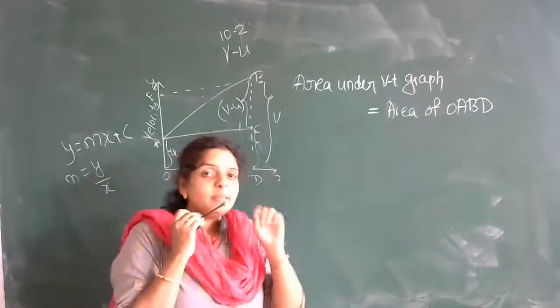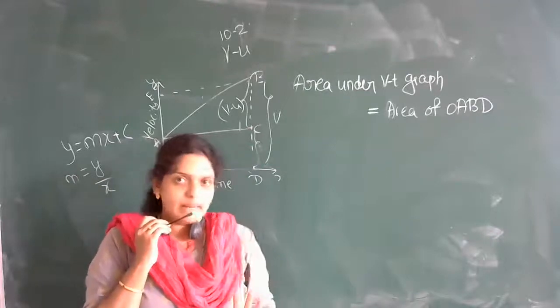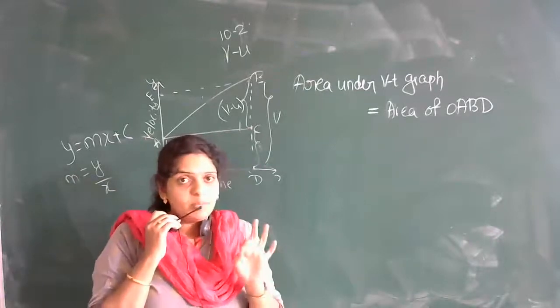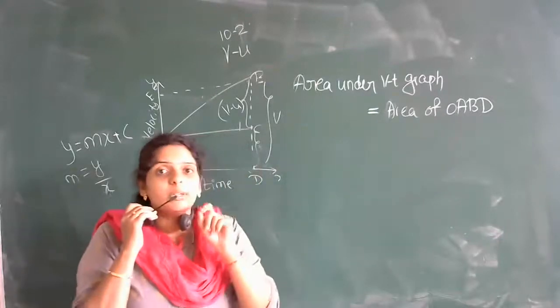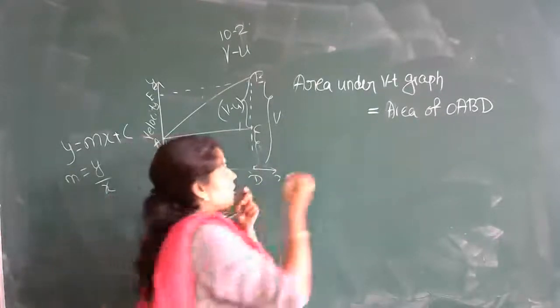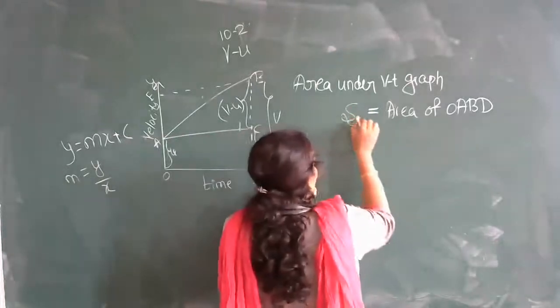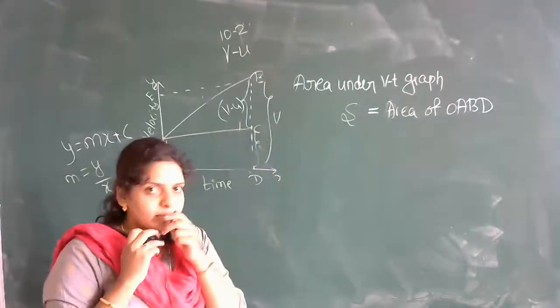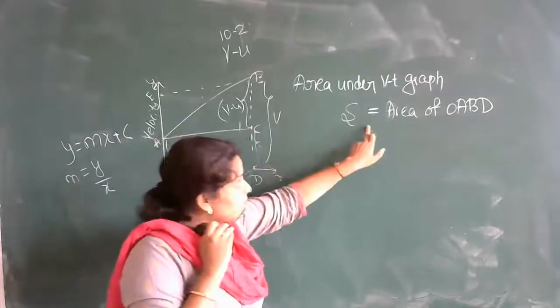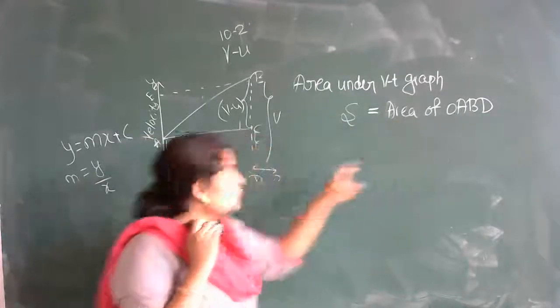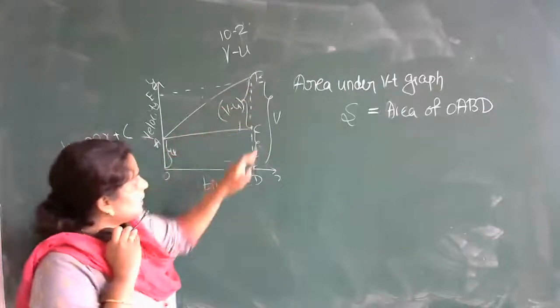That is nothing but the distance covered by the body. I am taking the actual path here, therefore area of OABD is nothing but what? It is the distance covered by the body. How do you denote distance covered by the body? By the symbol s. So s, the distance covered by the body, is equal to area of OABD.